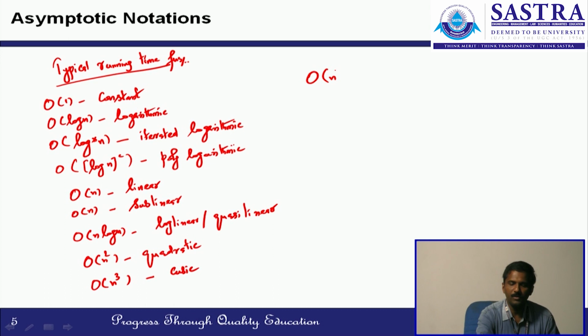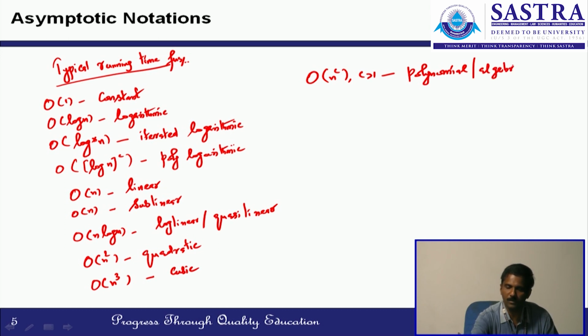Order of n power c, where c is greater than 1, this is said to be the polynomial or algebraic computational complexity, order of n power c.